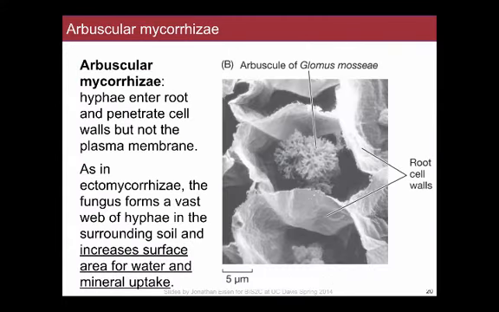And then a second type of mycorrhizal association is one I've already mentioned, because there's a whole lineage of fungi that all of the members of this group are involved in this symbiosis, and this is the Arbuscular mycorrhizae. They are the ones I mentioned before that can actually get into the cell wall of a plant. They don't go into the plasma membrane, but they get inside the cell wall and then wrap around the plasma membrane.